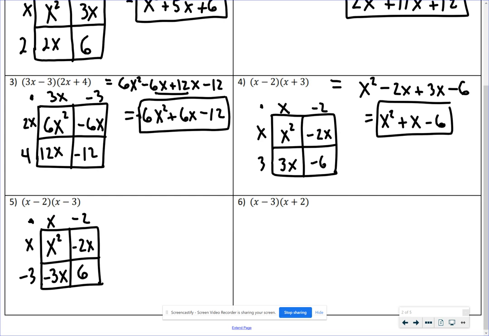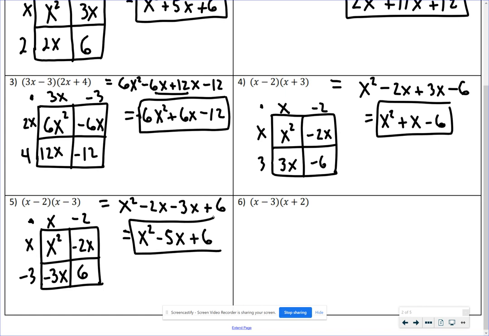Negative 2 times negative 3 is positive 6. Negative times negative is positive. And then we get x squared minus 2x minus 3x plus 6. Sign is super important. Combine the like terms. Negative 2x and negative 3x combine to give negative 5x. And we are finished.